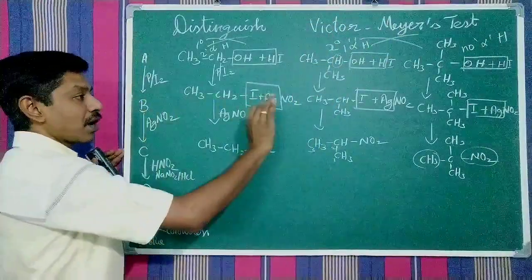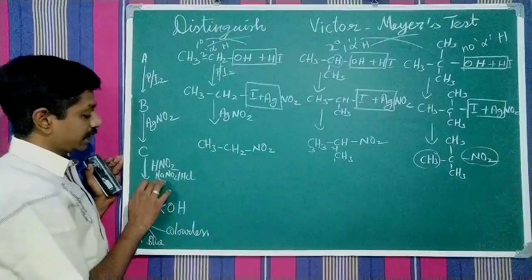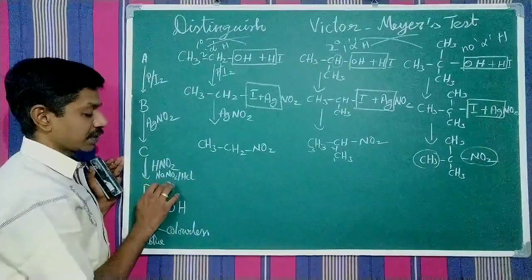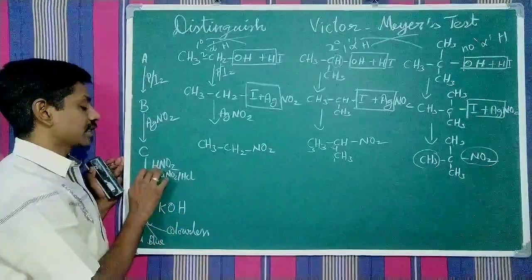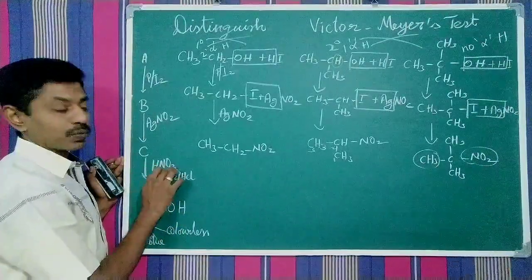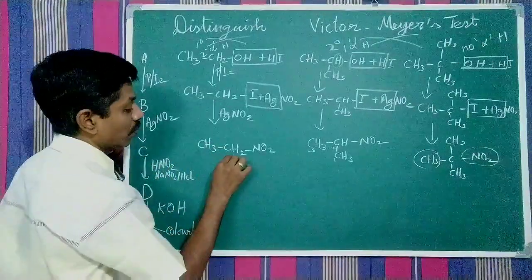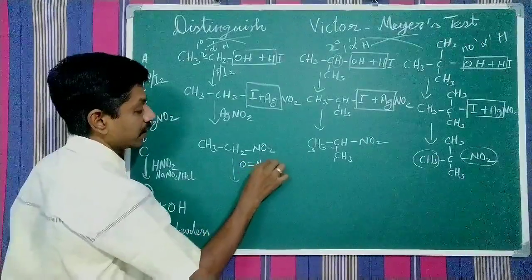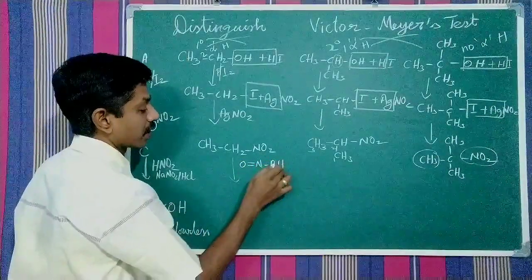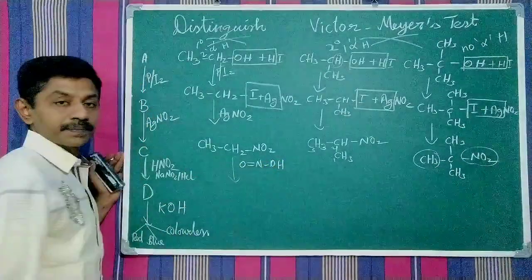So till now we were not talking about the alpha hydrogen. Now when you are treating the third step with sodium nitrite and hydrochloric acid, it will release HNO2, nitrous acid. I am writing this HNO2 this way, O double bond N-OH. Oh no, that is HONO.